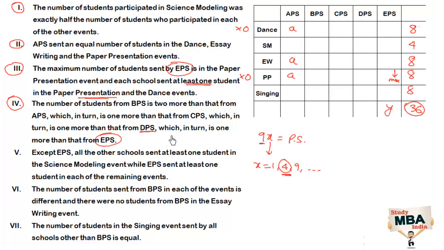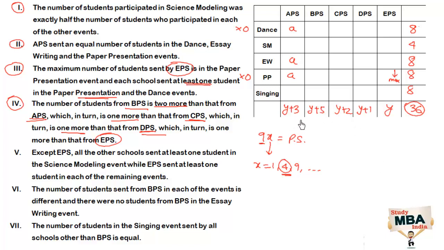So in DPS the number of students has to be 1 more than EPS, so it should be y plus 1, and in CPS it should be 1 more than DPS, so y plus 2, and in APS it is 1 more than CPS, so y plus 3, and in BPS it is 2 more than APS, right? So it would be y plus 5, correct?